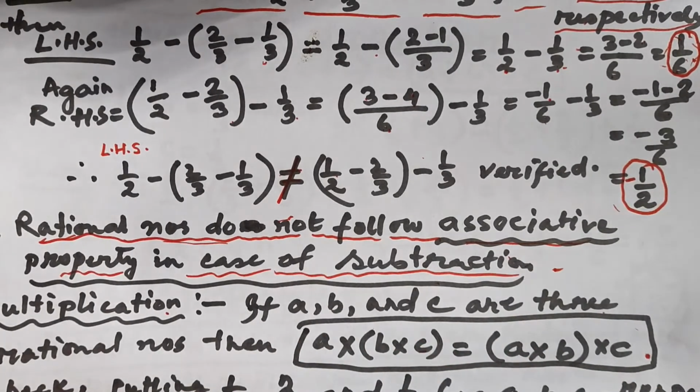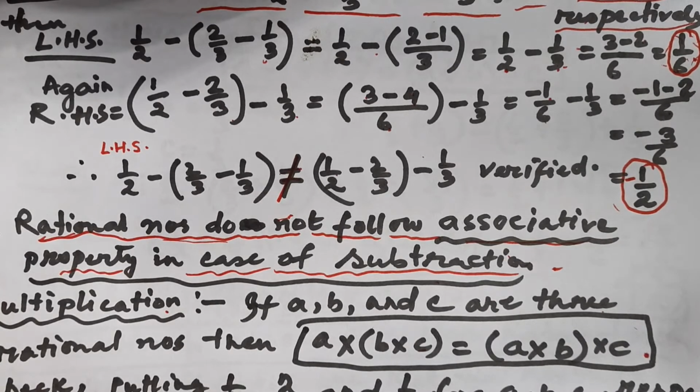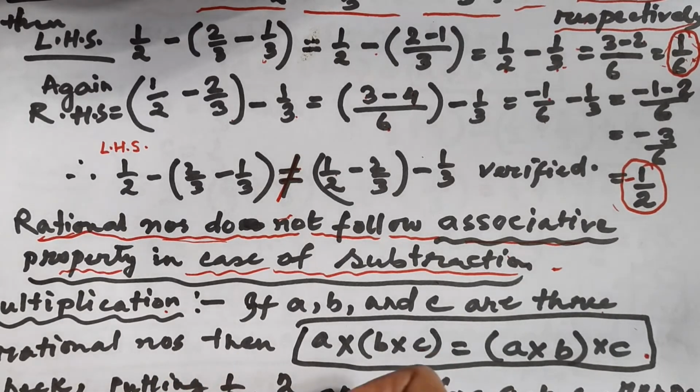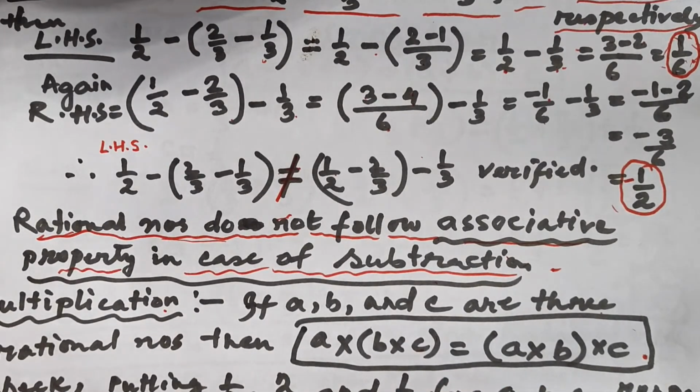To check, we are putting 1/2, 2/3 and 1/3 for A, B, C respectively, and you can take negative numbers also and try with other numbers also.